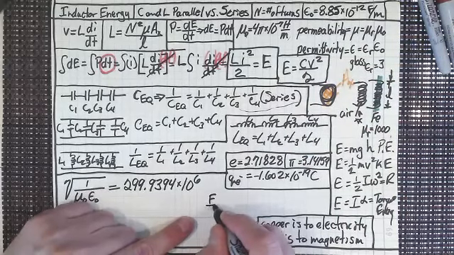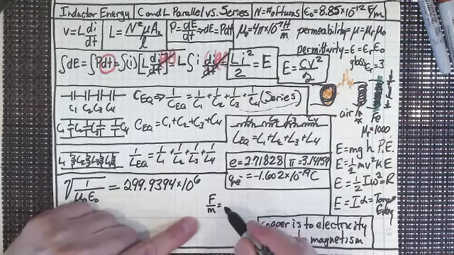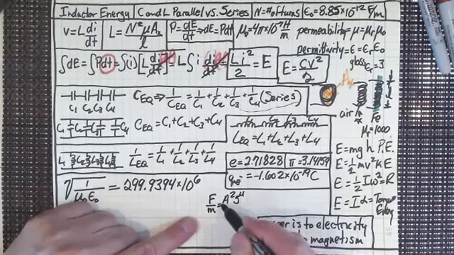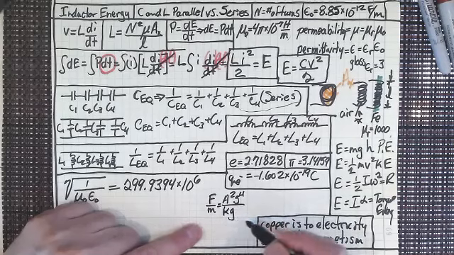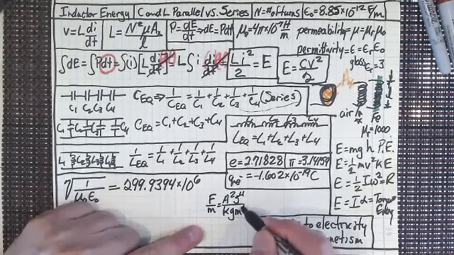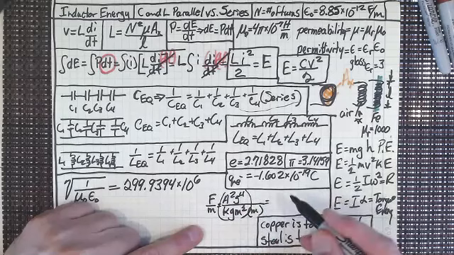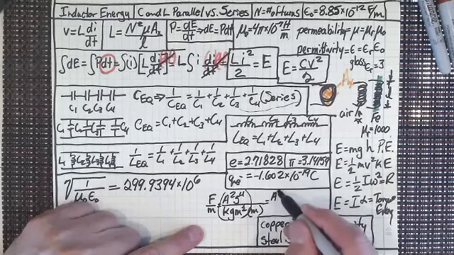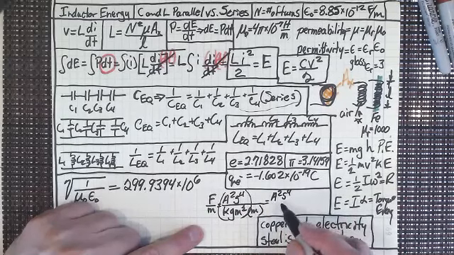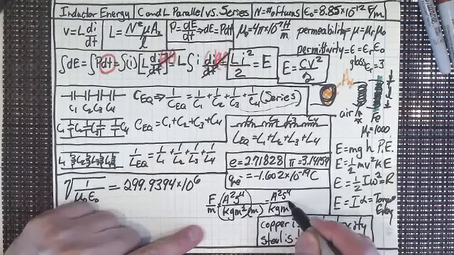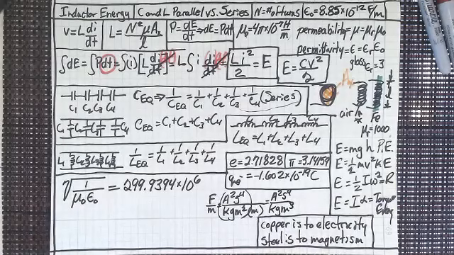A farad per meter would be an amp squared seconds to the 4th divided by a kilogram meter squared, divided by a meter. So wouldn't that be an amp squared seconds to the 4th over a kilogram meter cubed? Does everyone see that?